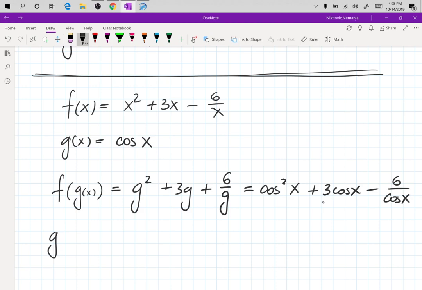If we want to go the other way, g of f of x, then that's equal to cosine, and now instead of x, we'll plug in f, which is x squared plus 3x minus 6 over x. So it's the cosine of the whole thing over there.